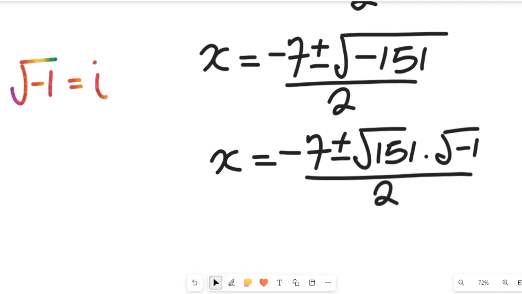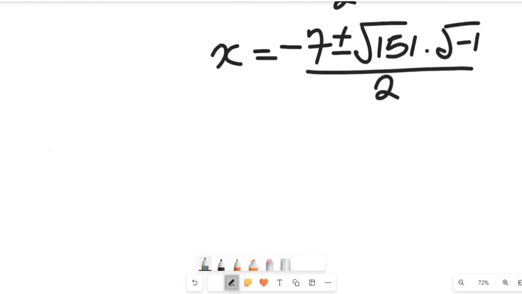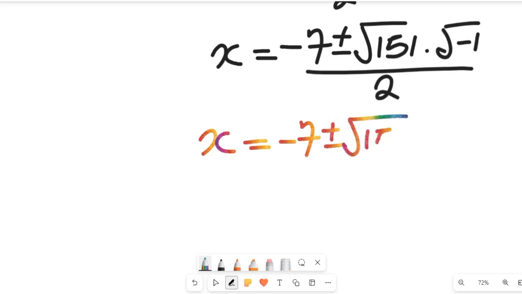So if we apply that, our value of x will be equal to negative 7 plus or minus the square root of 151 i, divided by 2.